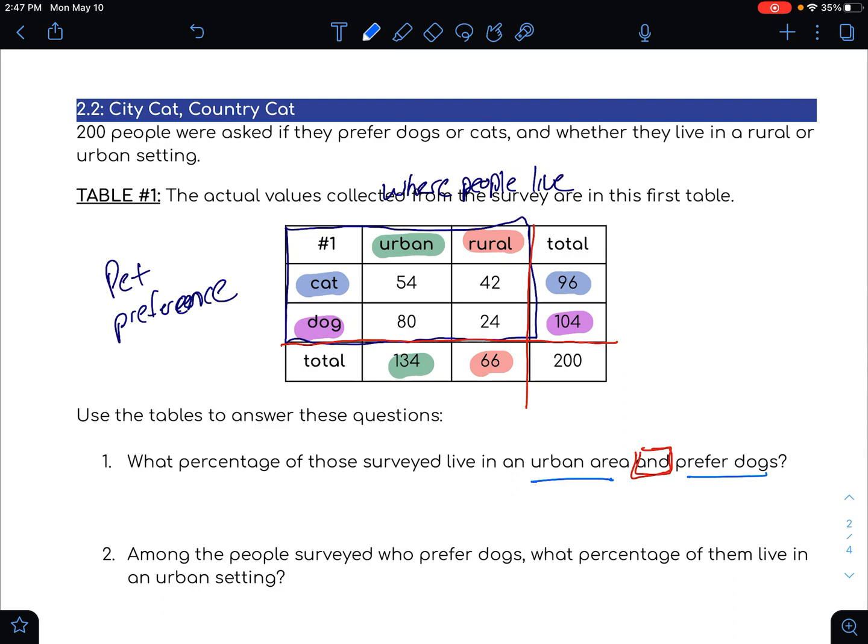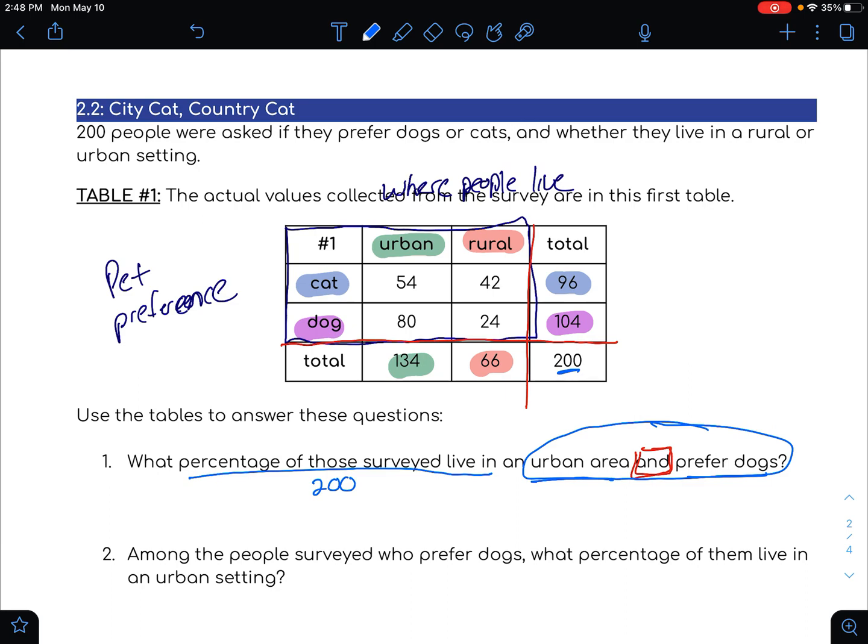Let's look at this in two pieces. One is that we want to know the percentage of those surveyed. So I want you to underline that: percentage of those surveyed. And then this part here is within the table. We're looking for urban area and prefer dogs. The total of all the people that are surveyed is that 200 number. So we're asking the question from all the people that are surveyed.